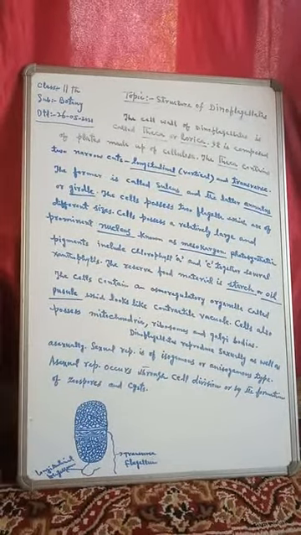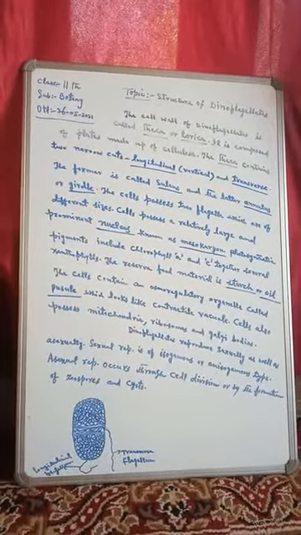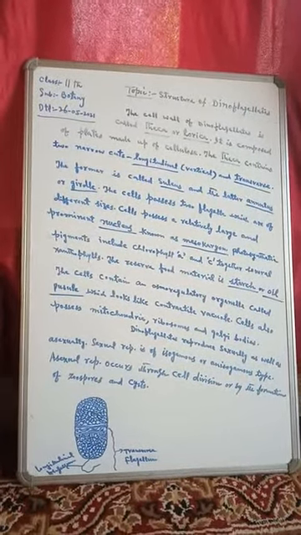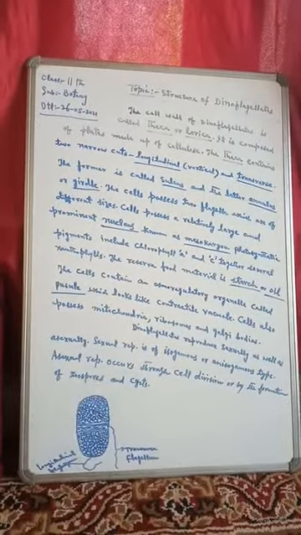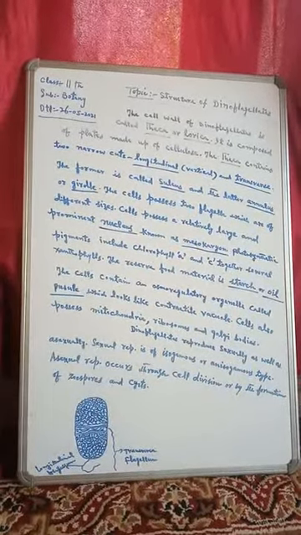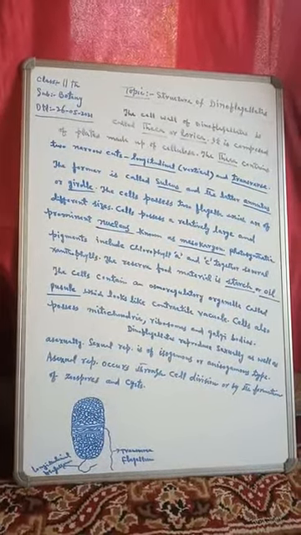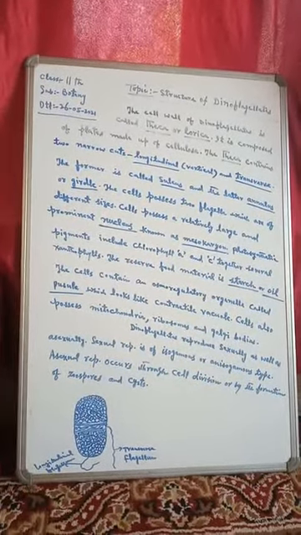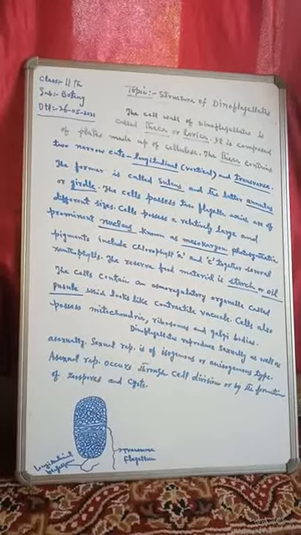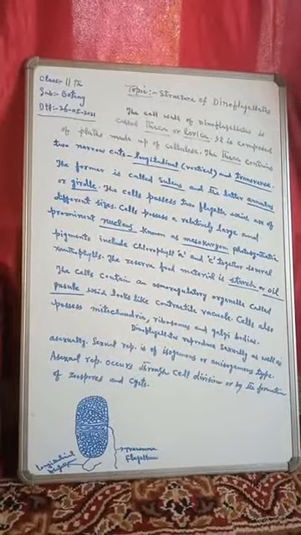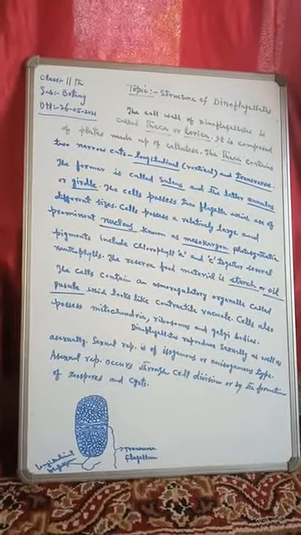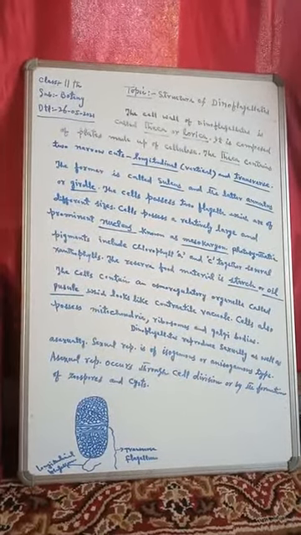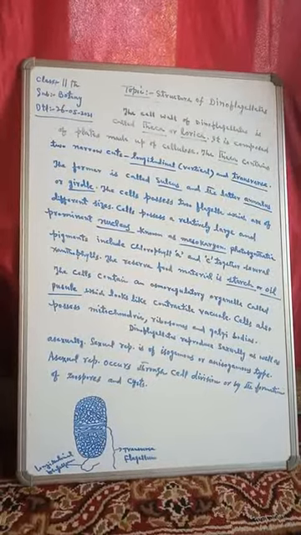The longitudinal or vertical cut is called sulcus, S-U-L-C-U-S, while the transverse cut is called annulus or girdle, A-N-N-U-L-U-S.